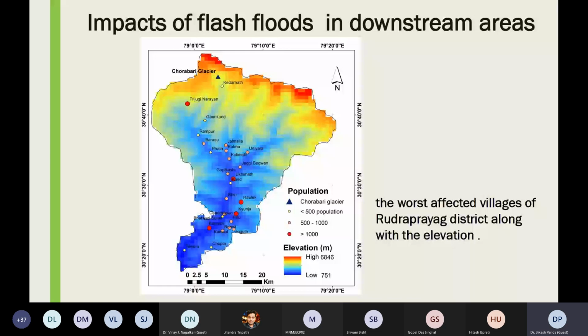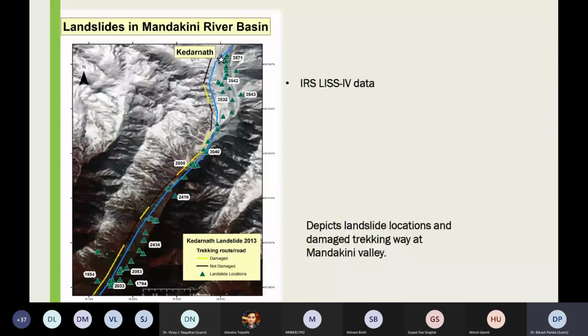And subsequently, because of all these things, extreme events, cloudburst and lake outburst, they also triggered landslides over the Mandakini river basin. You'll find this is the IRS data, and all the triangles indicate different landslide locations. From the beginning to the end along the river, you'll find many landslide locations.